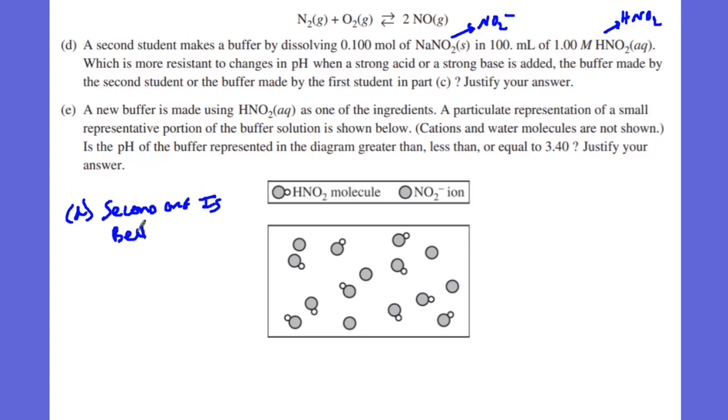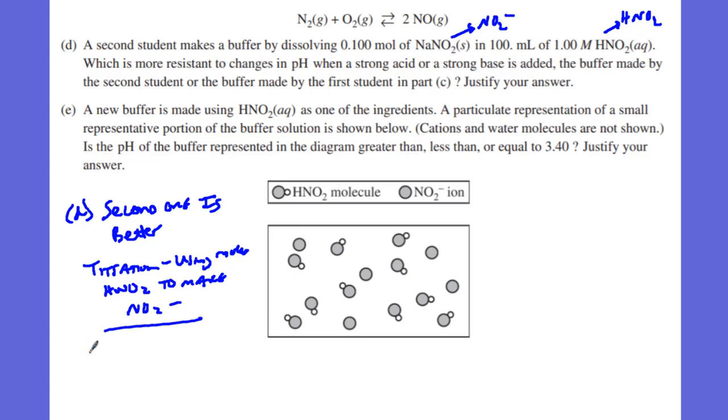Why is the second one better? It's because when you're doing a titration, you are using moles of the HNO2 to make the NO2 minus. You're not doing that when you're adding a salt. When you add NaNO2 solid directly into the HNO2, you are not losing anything.